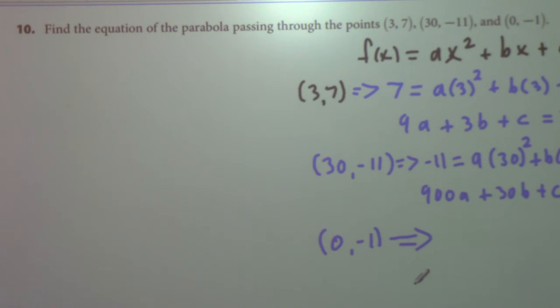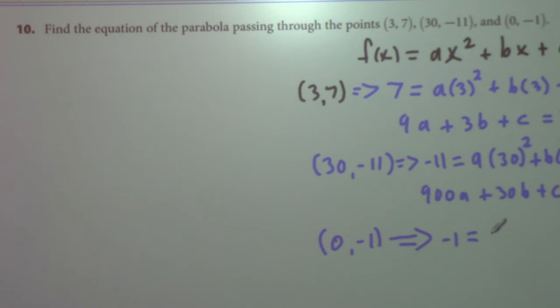What's our output value? Negative 1. So we're going to, as we did on the other ones, start this out with negative 1 equals. So now if we plug in, what do we plug in for x? 0, right?